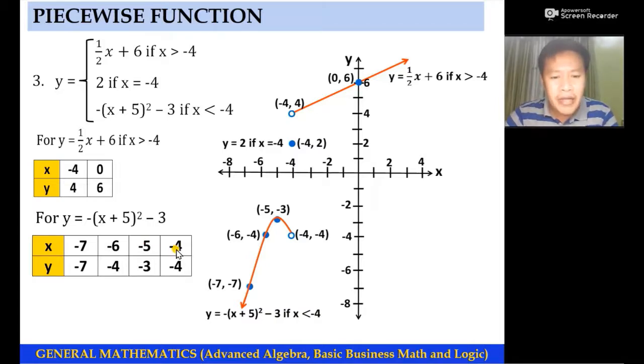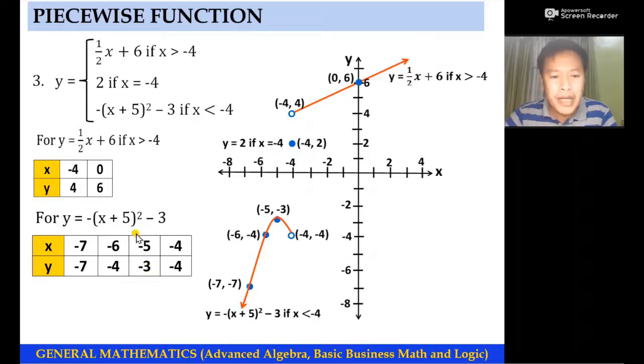If x is equal to -4, our y is -4. And that is in the third quadrant. 1, 2, 3, 4. And move downward. 1, 2, 3, 4. And this is our point being indicated by this open circle because our -4 is not a part of the value of x for the third subfunction of our piecewise function.